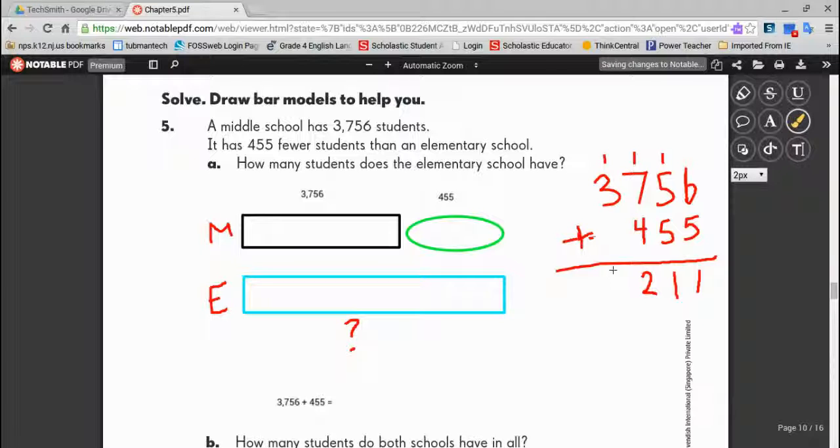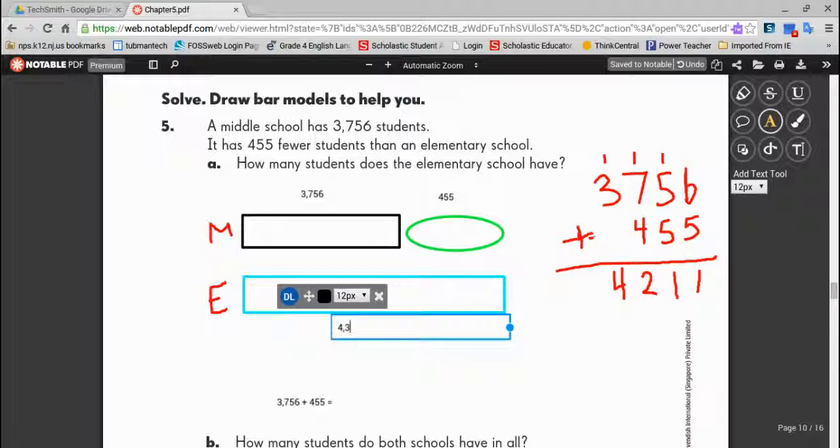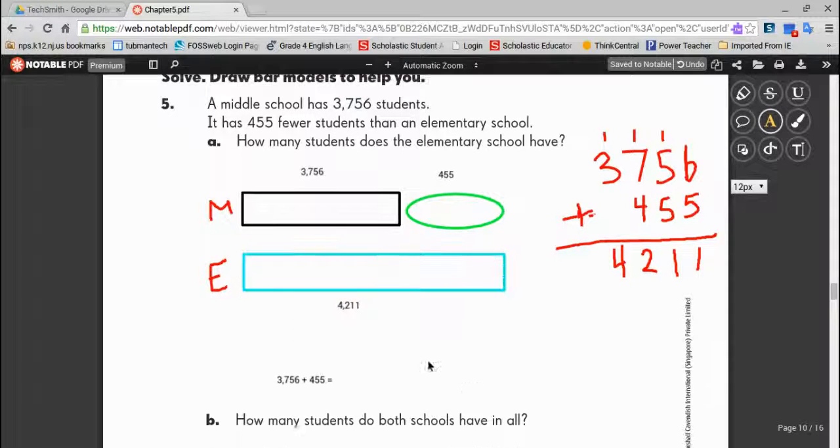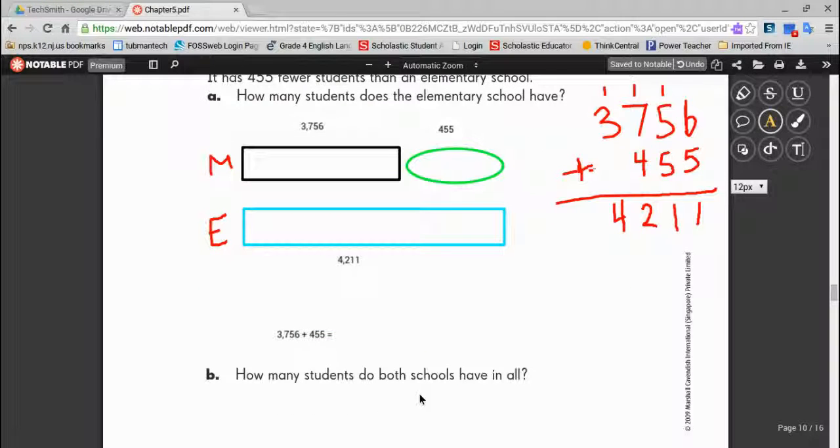And 3 plus 1 is 4. Alright, so I know my answer is 4,211. So let me get rid of my question mark, because now I know that my elementary school has 4,211 students.